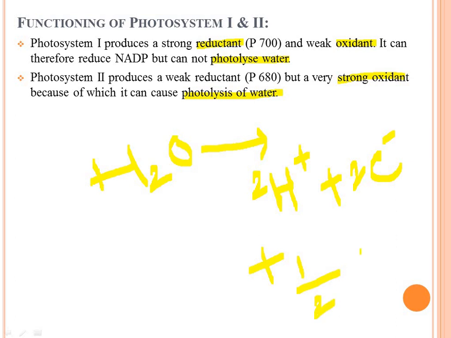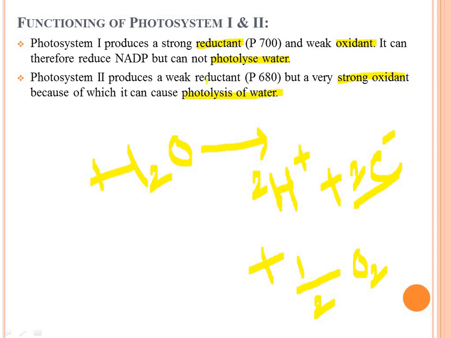Water gets split, or it gets oxidized, into two H plus, two electrons and half oxygen. Oxidation means it donates electrons. Therefore photosystem 2 is a very strong oxidant, meaning it oxidizes the water molecule.